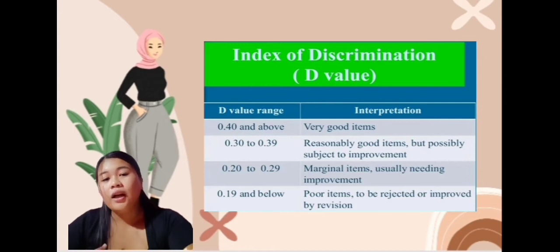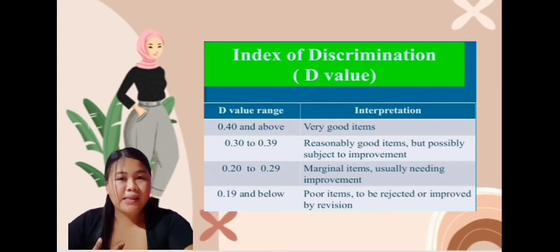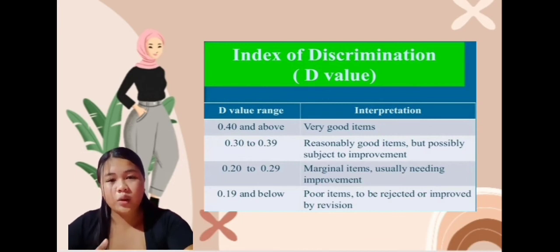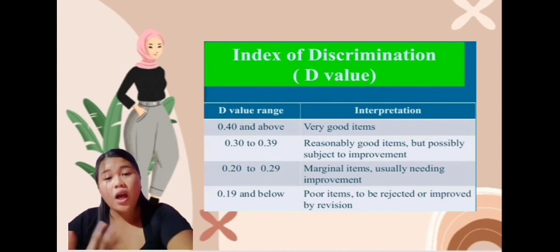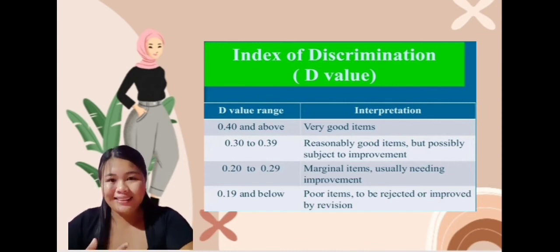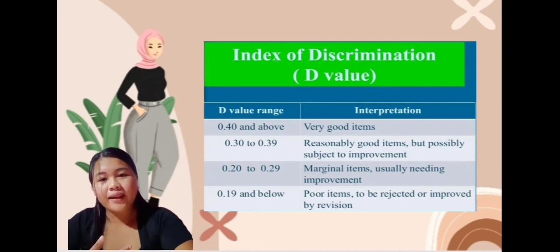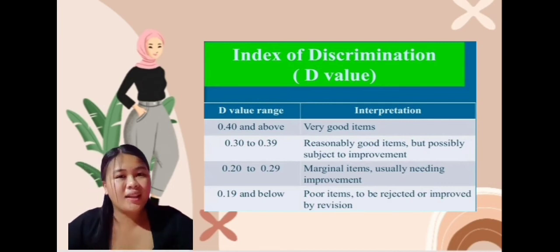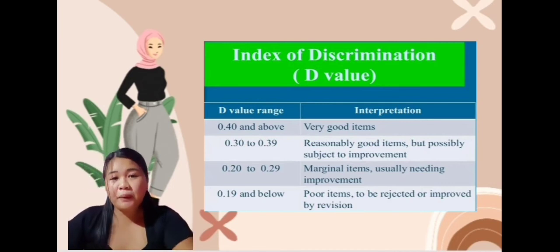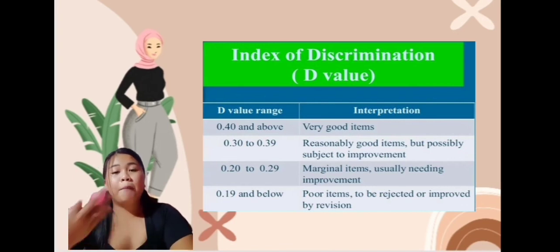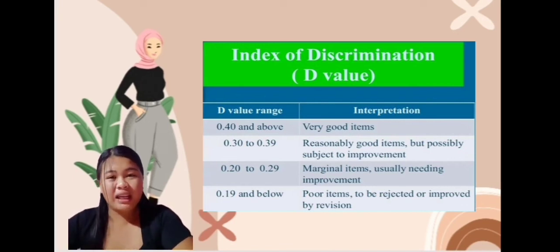Then if 30 to 39% ang D value range nato, ang iyang interpretation kay reasonably a good item. So but posible nga masubject to improvement. Then if 20 to 29%, the interpretation kay marginal item, usually needing improvement.